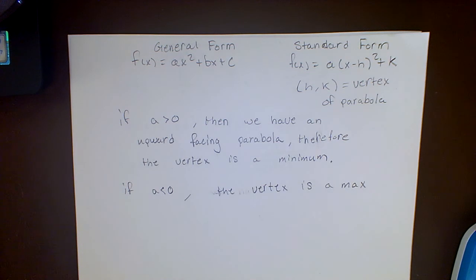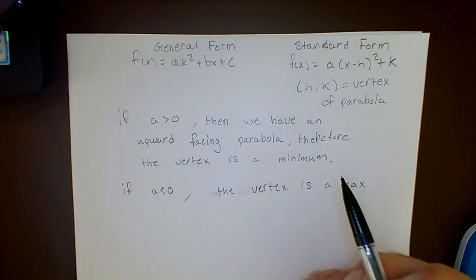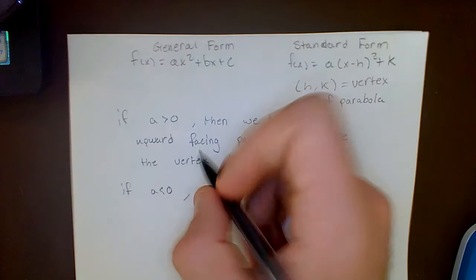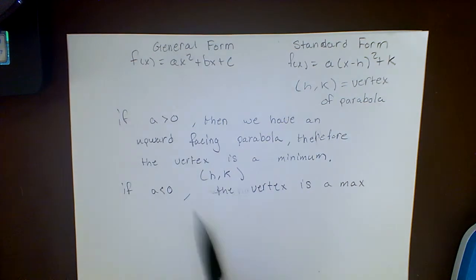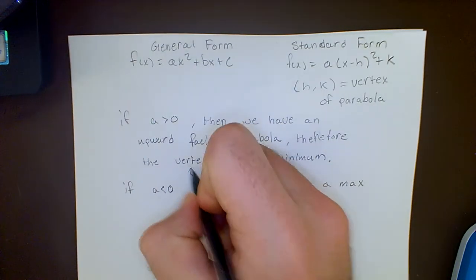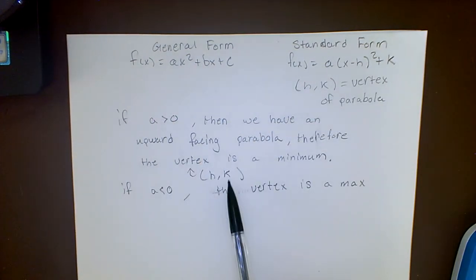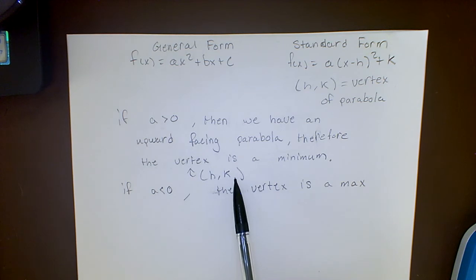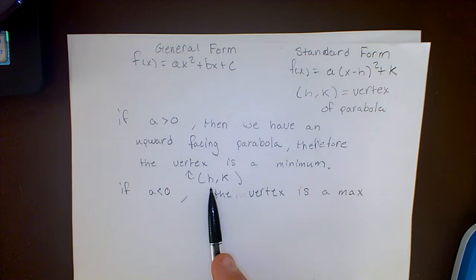And it turns out that the vertex is the point h comma k. So if you think about it, if we have the parabola facing up, then this k value is actually the minimum value of the parabola, and the coordinate h comma k is where that minimum occurs.